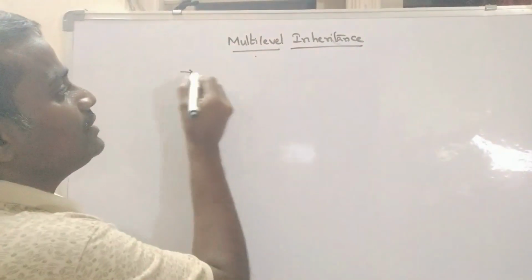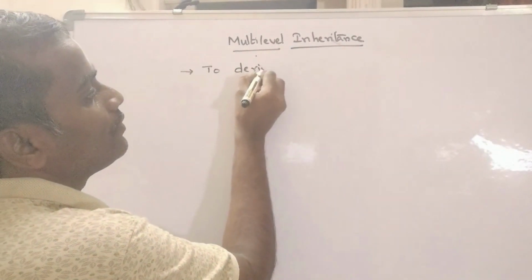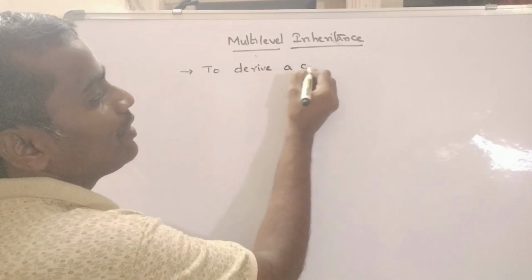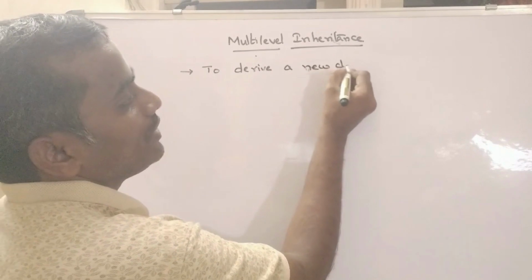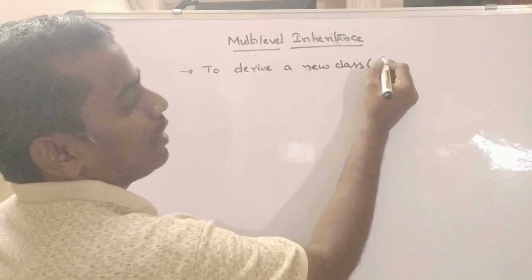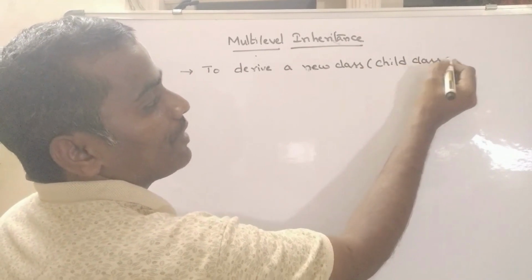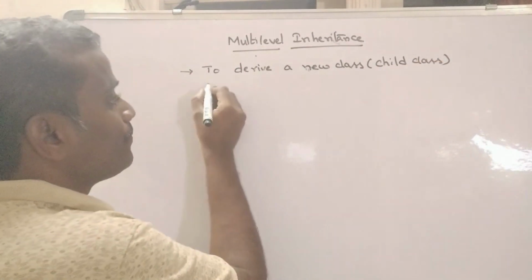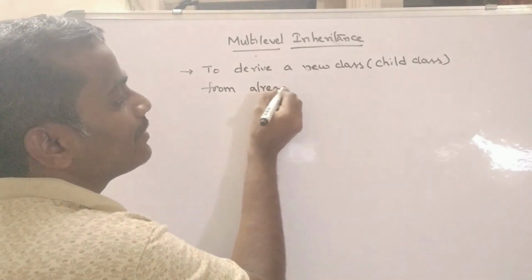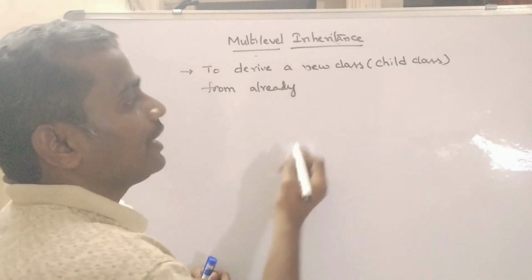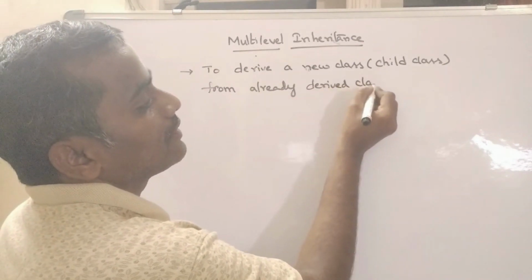Multi-level inheritance means to derive a new class, that is called a child class or derived class, from an already derived class.